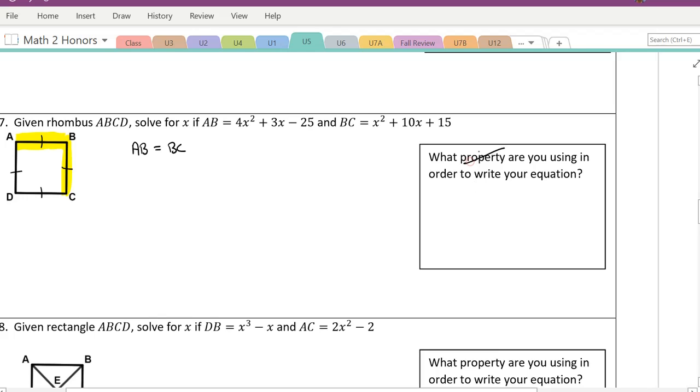So it's not a property, but that's okay. We're just using the definition of a rhombus, which states that all sides are congruent.